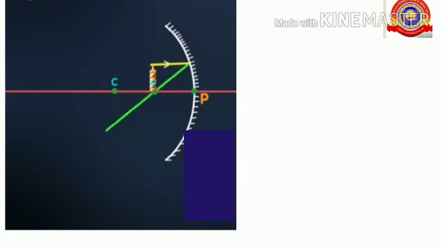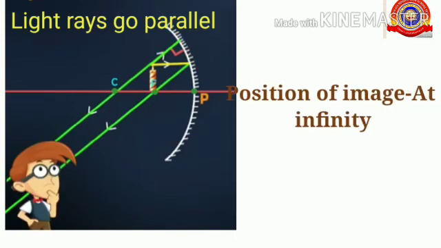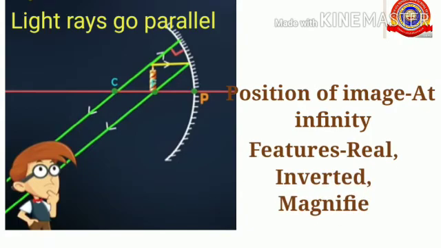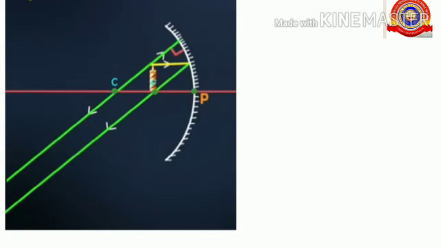After reflection it goes through the principal focus, and the second ray goes through the center of curvature, that means perpendicular to the concave mirror, and the light rays go parallel, and it is assumed that the position of the image is at infinity and the features are real, inverted and magnified.